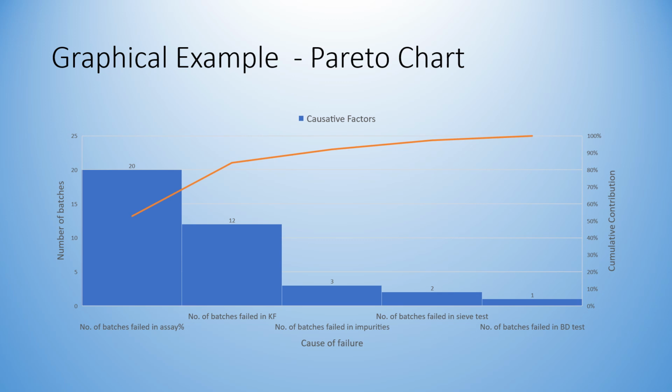See this typical example. The granulated product has 38 failures, out of which 20 failures are attributed to failure in assay. This is attributed to the performance of the coating pan.